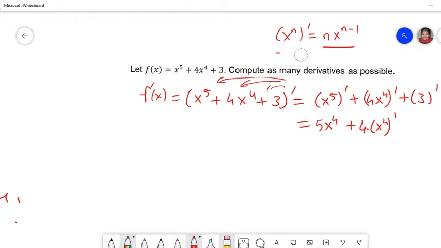Then if you use the x to the fourth in the power rule, that will be 4 times x to the 4 minus 1, which is 3. I can erase this one and say it's x to the third power. And the constant here, like a prime, is equal to 0, so this will be 0.